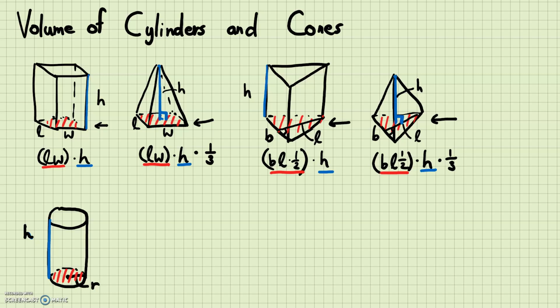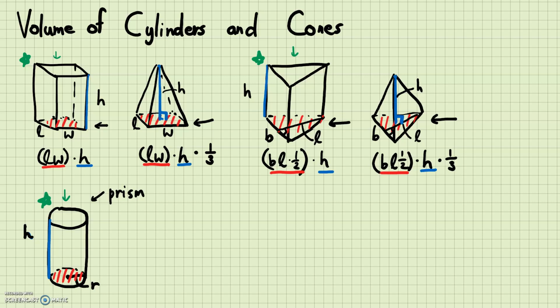This is kind of like a prism shape. So this one right here, this one right here, and this one right here are all similar. The only difference between these is that the shape of the base are different. So this one is a rectangle or a square. This one is a triangle. This one is a circle. But the concept for finding the volume is the same.